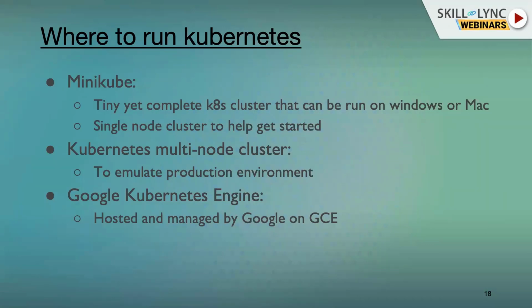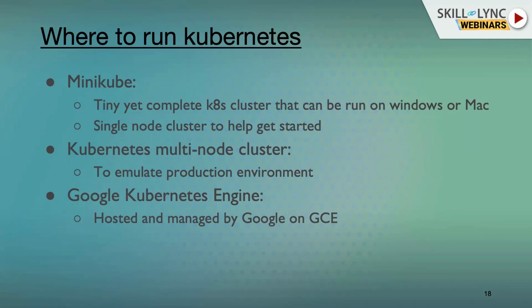Minikube is a utility to run Kubernetes on a local computer, and you can use it on your local Windows or Mac, and it's like a single node cluster. Your computer itself will act as master as well as worker, and you can deploy a few Hello World applications and just test and learn about Kubernetes. So it's a very good way to start learning Kubernetes.